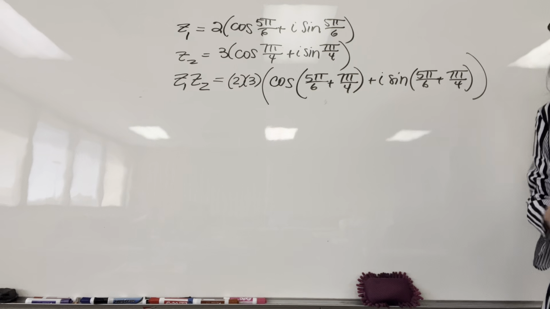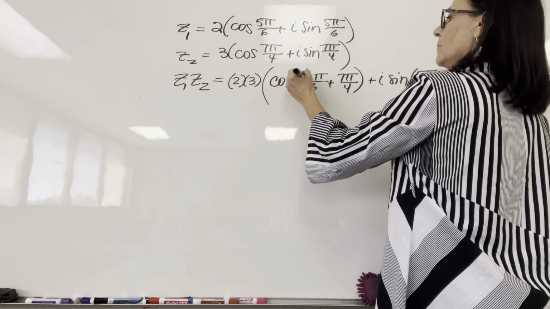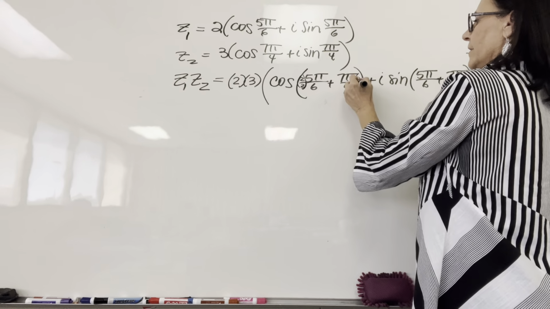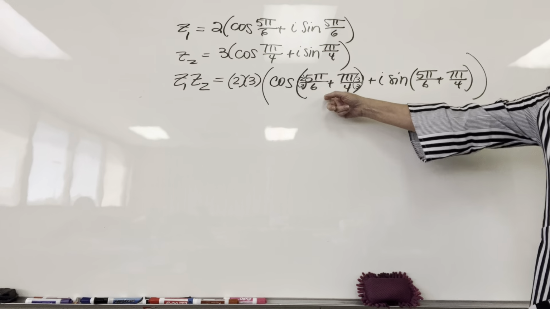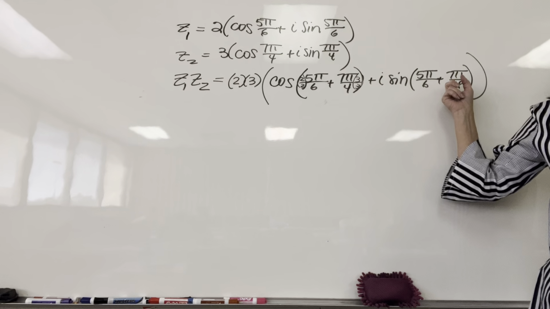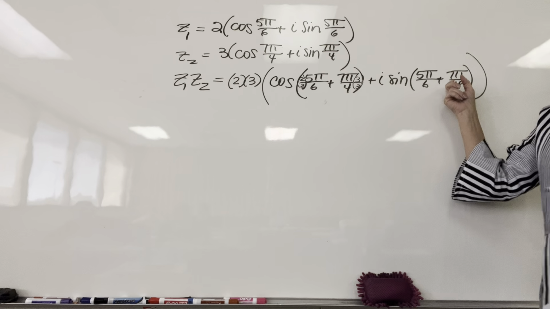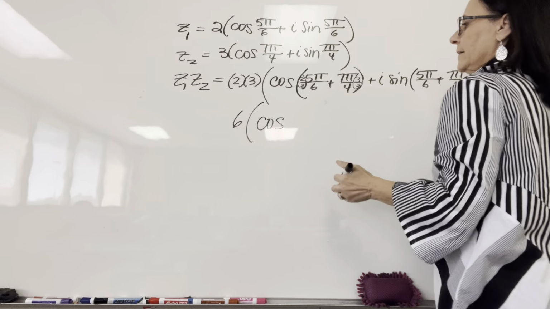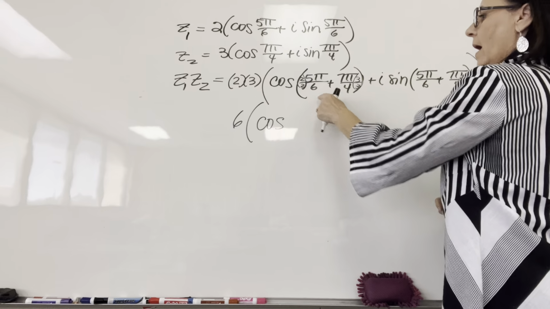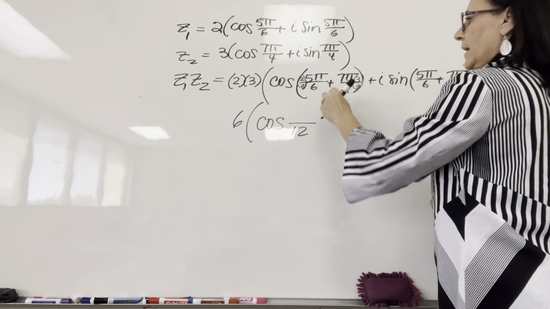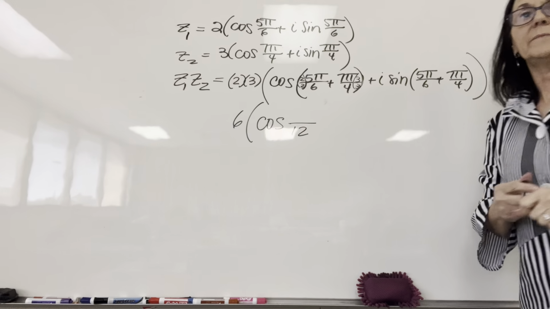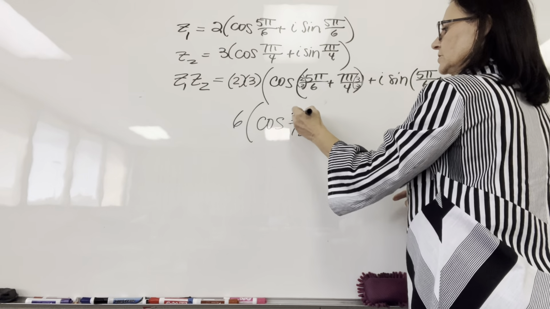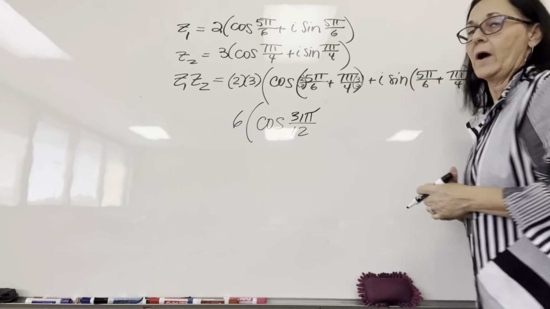So we're going to multiply this first one by 2 over 2, this second one by 3 over 3, and what I get here is the same number I'm going to get here. So it's 6 times cosine, that's 10 pi over 12 and 21 pi over 12 to give me 31 pi. So it's 31 pi over 12.